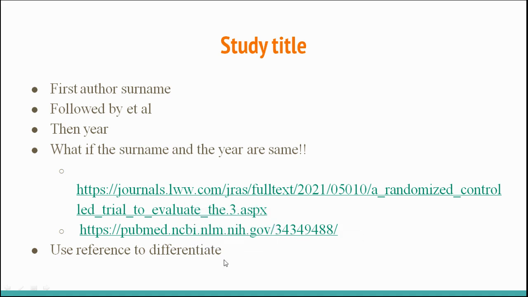So we used references to differentiate them. Obviously the references cannot be the same, so we used square brackets and put 16 or 17 over there so that they would be differentiated. That's how people usually work with the same author and same year of publication.